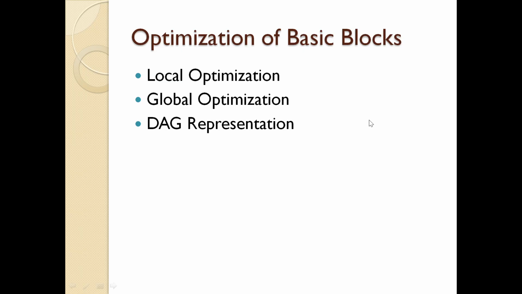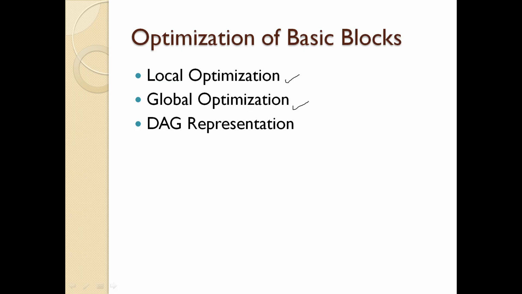So two types of optimizations, local optimization and global optimization. If we perform optimization inside a single basic block, then that is known as local optimization, and if we perform optimization across the multiple basic blocks, then that is known as global optimization.